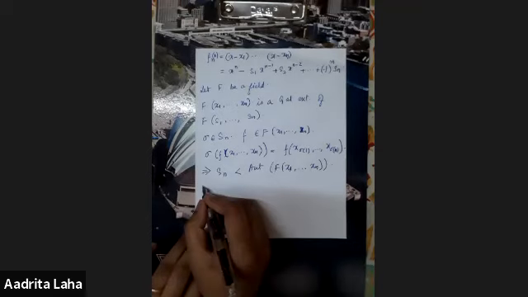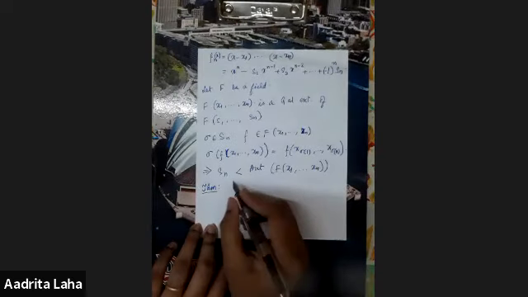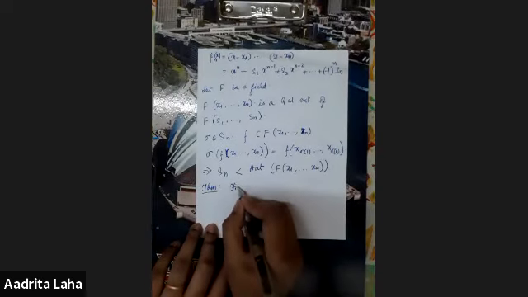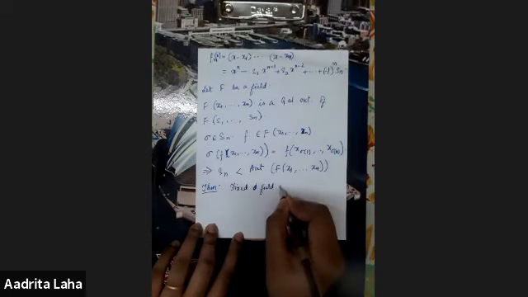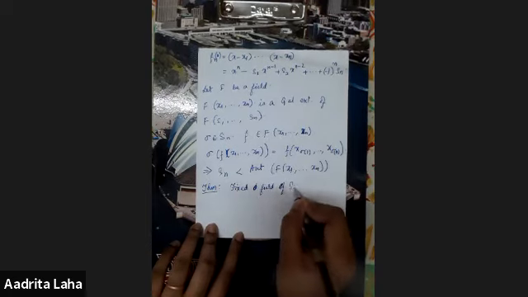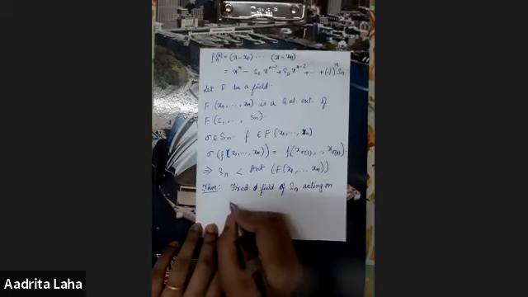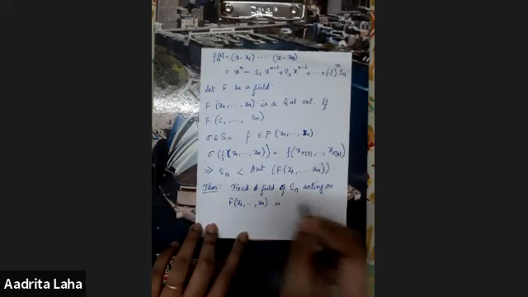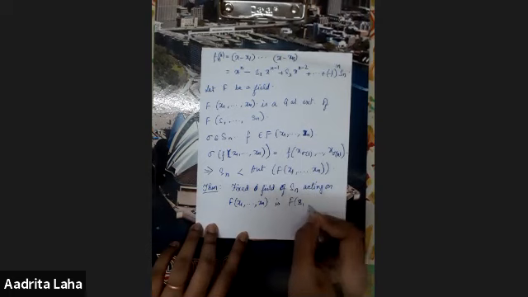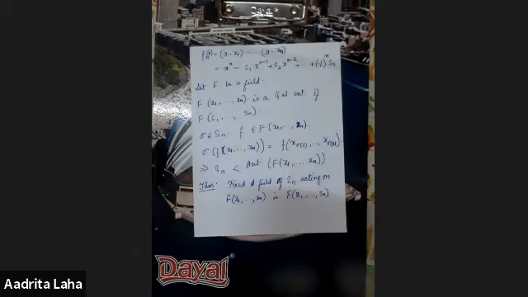So the theorem that we have here first is that the fixed field of Sn acting on F(x1, ..., xn) is F(s1, ..., sn). Now this is quite easy to see.